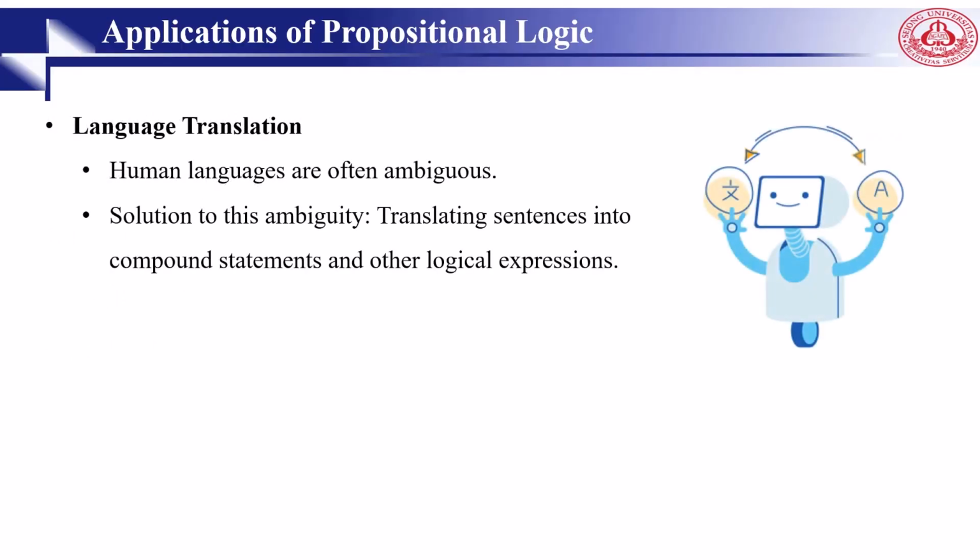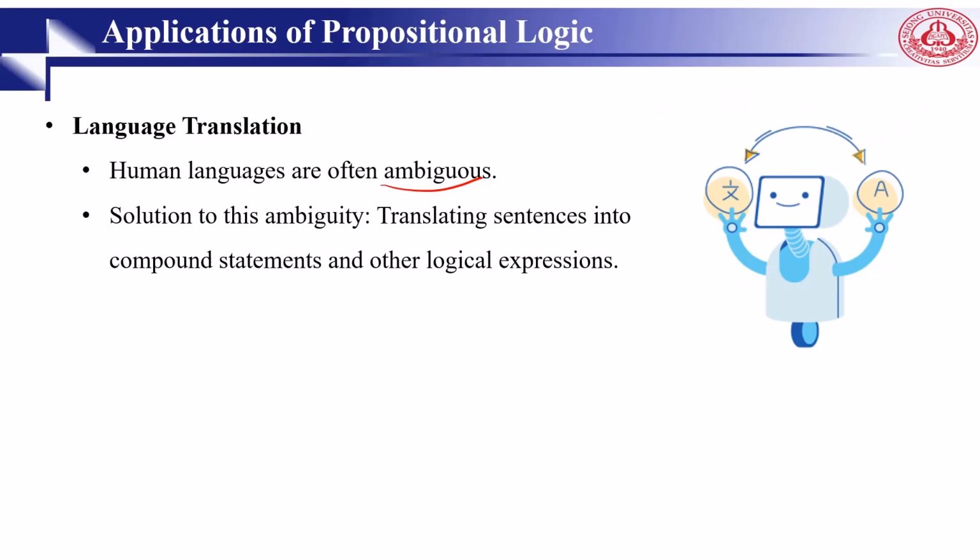Human languages, not only English, most, or you can say all of the human languages are ambiguous. Why? Because languages are created or formed over a long time, right? There is no standard, there is no logical protocol based on which the language has been made.